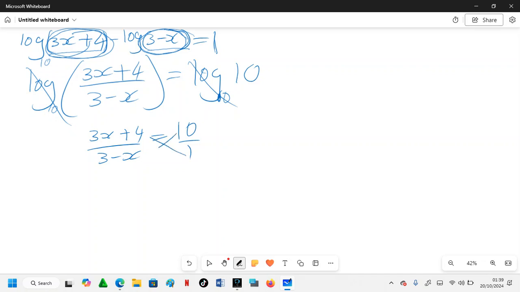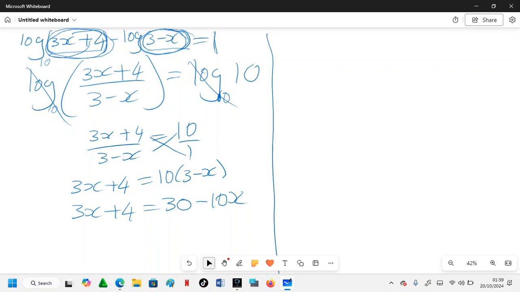Cross over 1 equals multiply, so that 3x plus 4 is 10 times 3 minus x. So that we have 3x plus 4 being equal to 30 minus 10x.